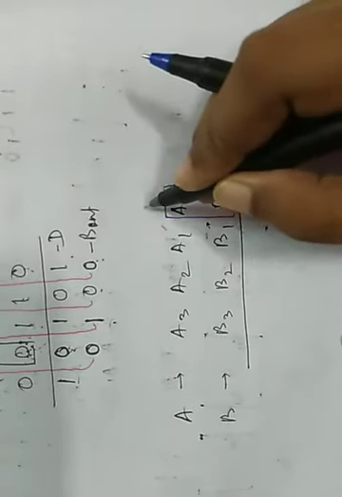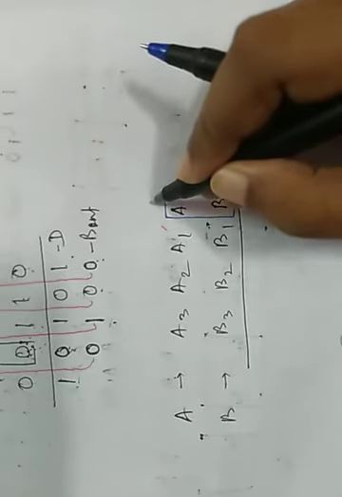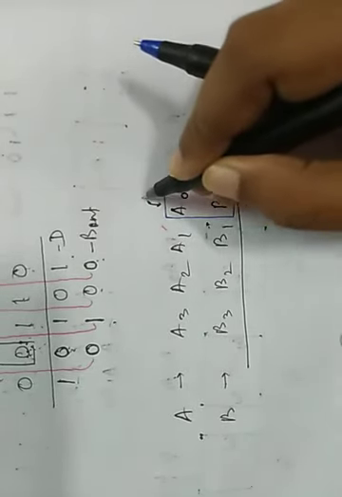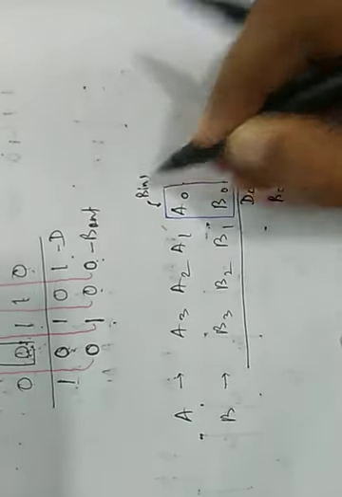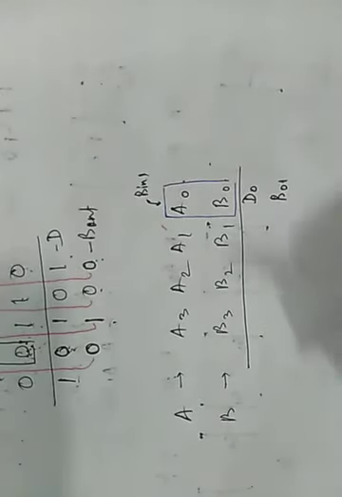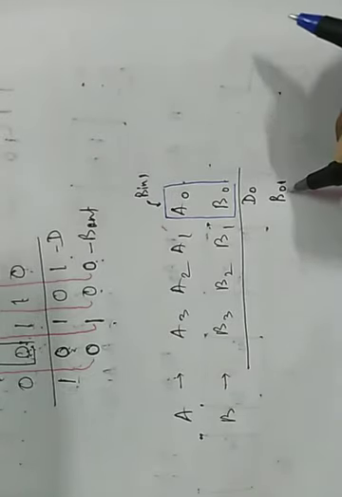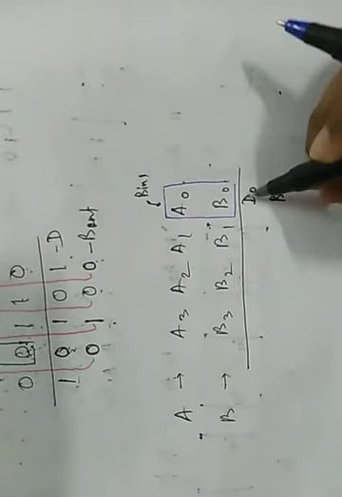And here every time we have one borrow in and one borrow out, borrow out 0 or borrow out 1.